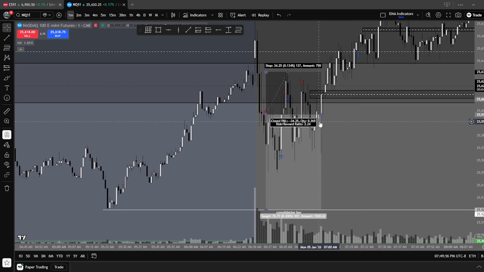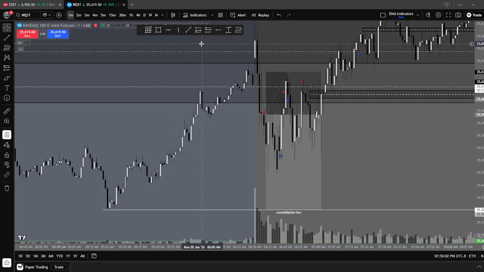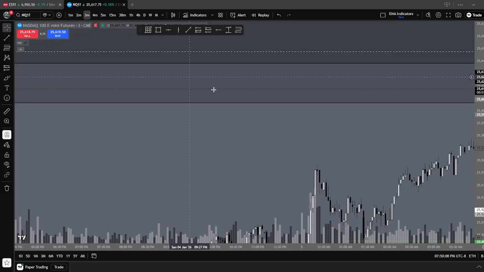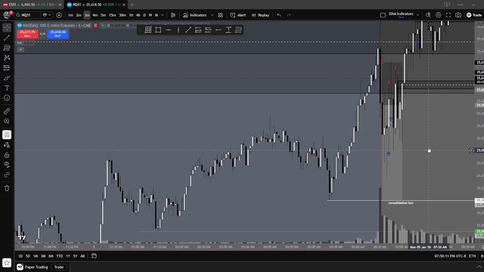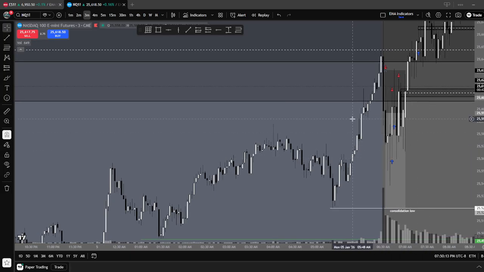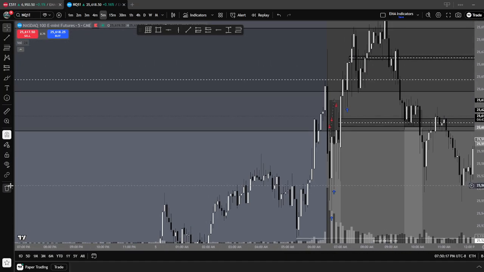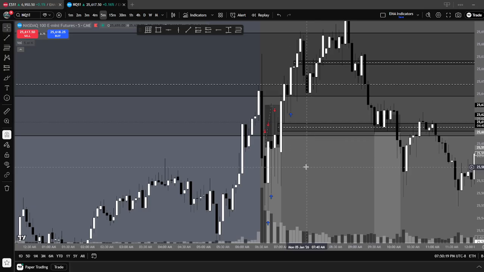I entered here. What did I enter off of? Let's figure this out. Let's see. I think we had the 15-minute gap, and then we had this 15-minute gap, and then we had this 5-minute inversion as well, right here.